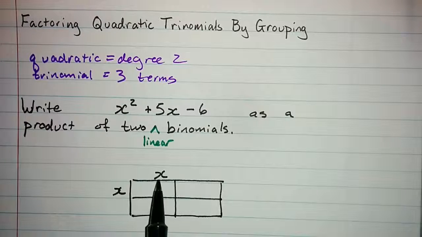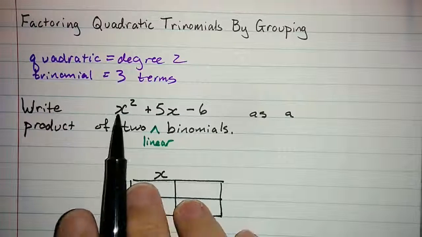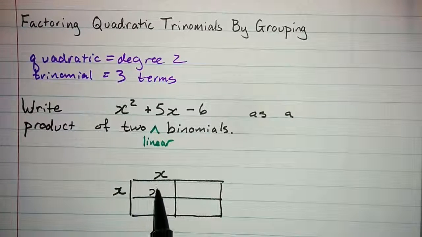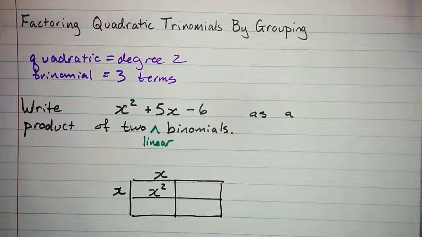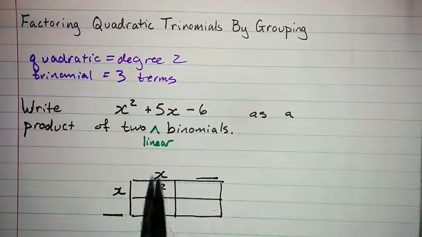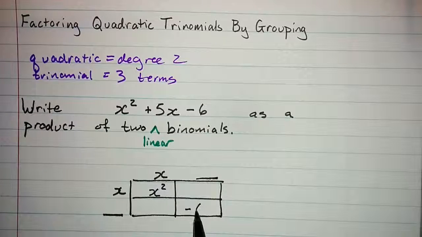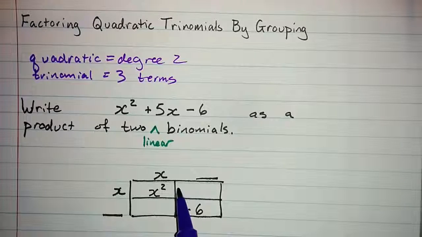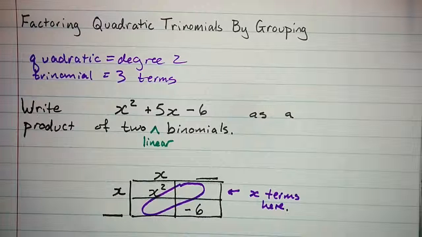So we'll have an x and an x here, both coefficient 1 because we want their product to be x squared. And here we'll have 2 constants whose product has to be -6. Along this diagonal, we'll find our x terms, and they will add up to +5.